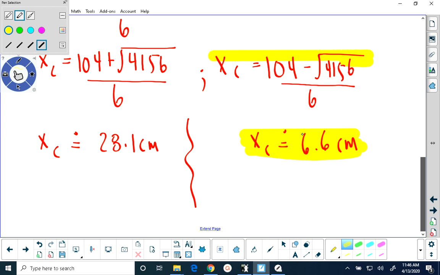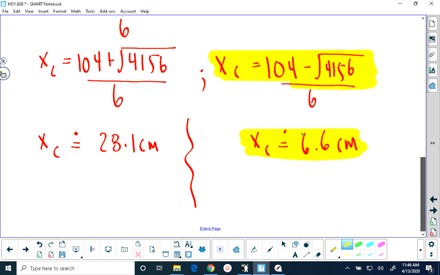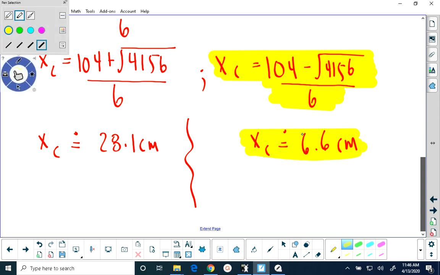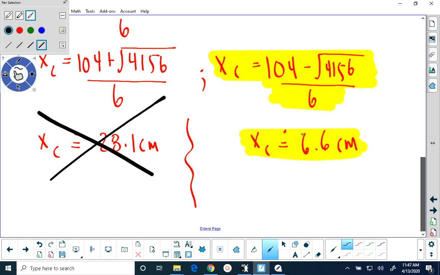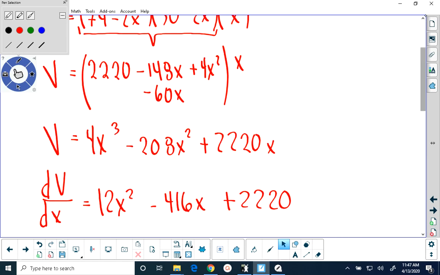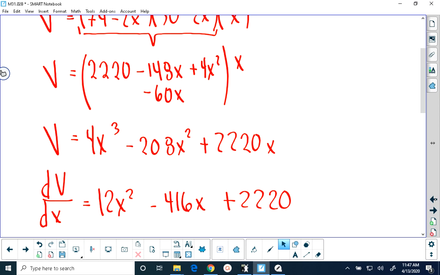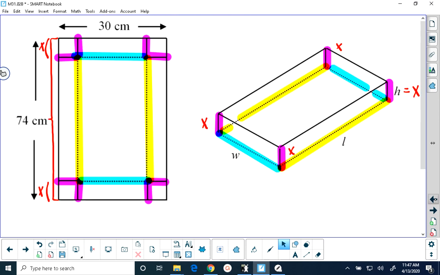Now, I'm not going to leave it just hanging there without an explanation. The reason why we're going to throw that 28.1 centimeters over the board, we're going to toss that one out, is because it's not in the domain of allowable values of x. If you take a look at the actual construction of the box, the width of the piece of cardboard is 30 centimeters.